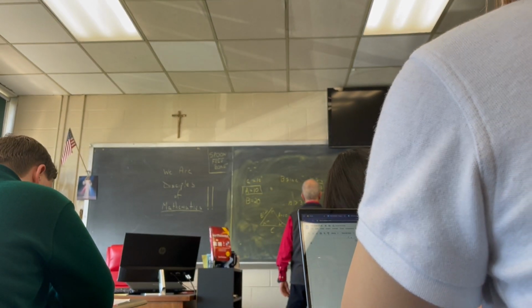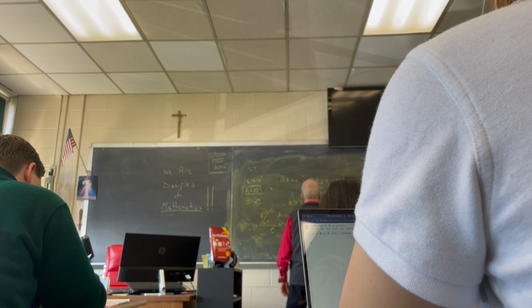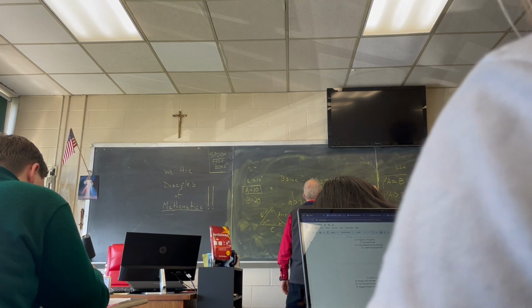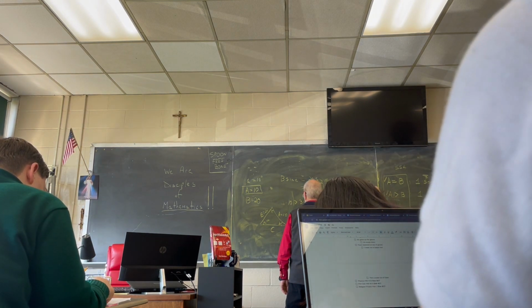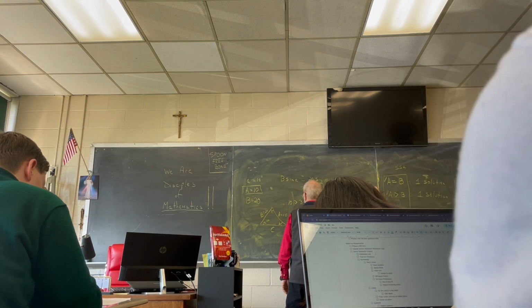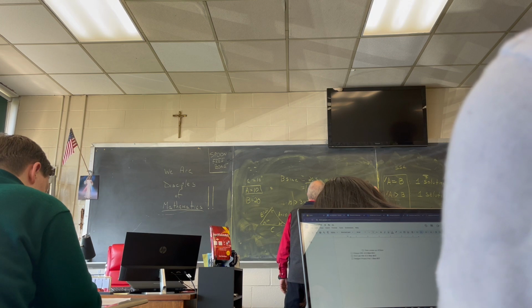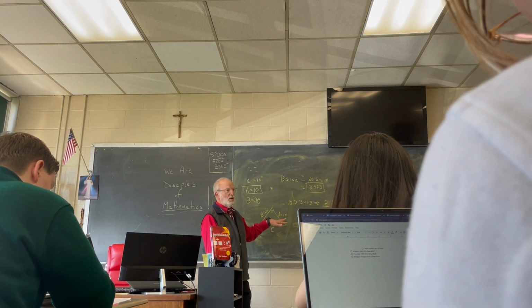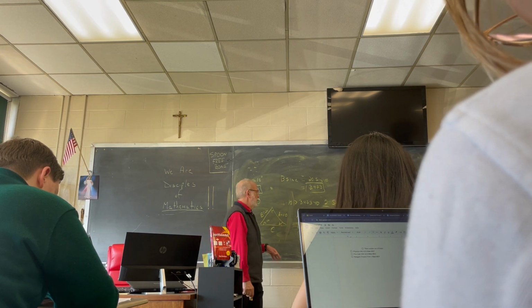The sine of A is equal to A. So this would be the sine of 10 is equal to 10. It's confusing because both the angle and the length are equal to 10.